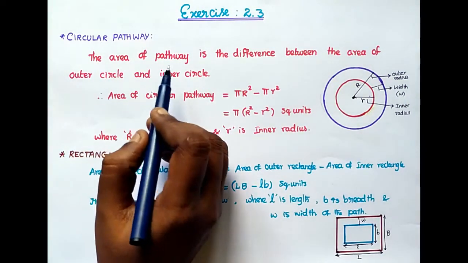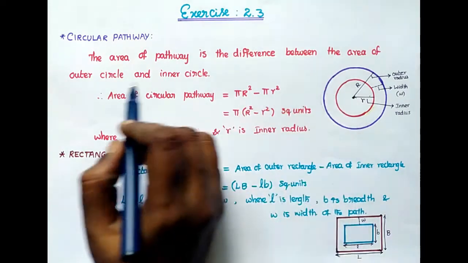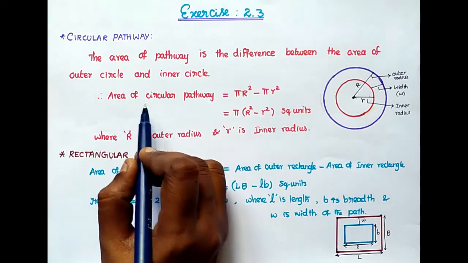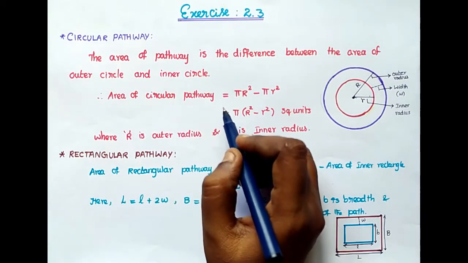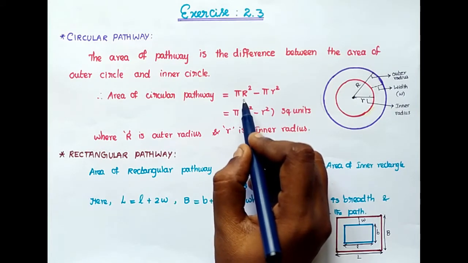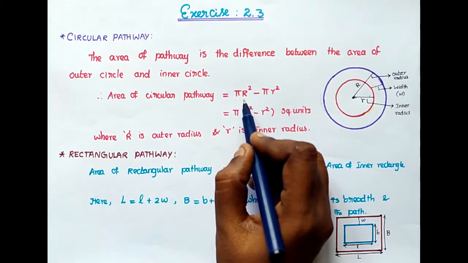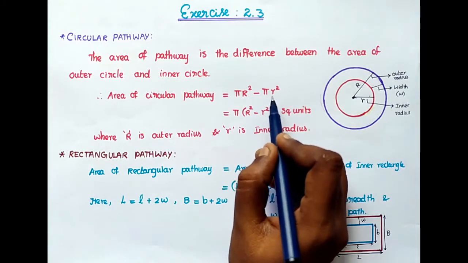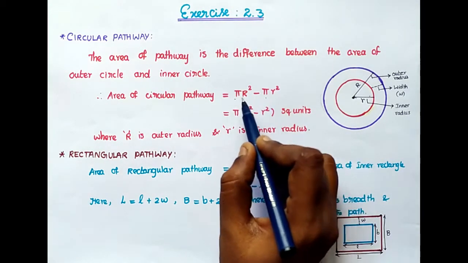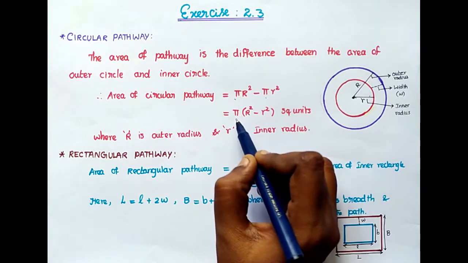Listen, the area of pathway is the difference between the area of outer circle and inner circle. Area of circular pathway formula: outer circle pi capital R square minus pi small r square. Here pi is common, so taken out as common.